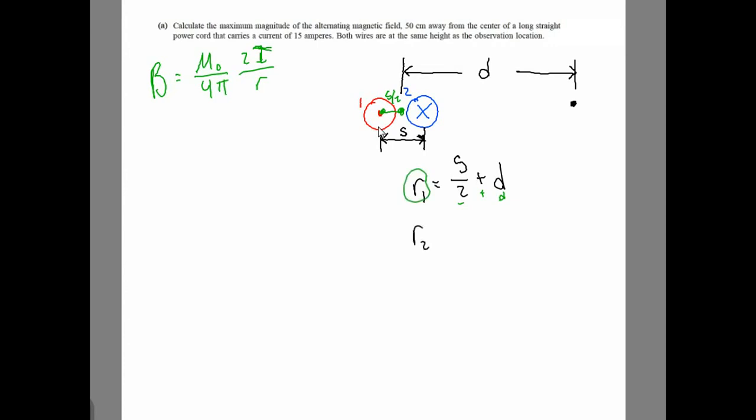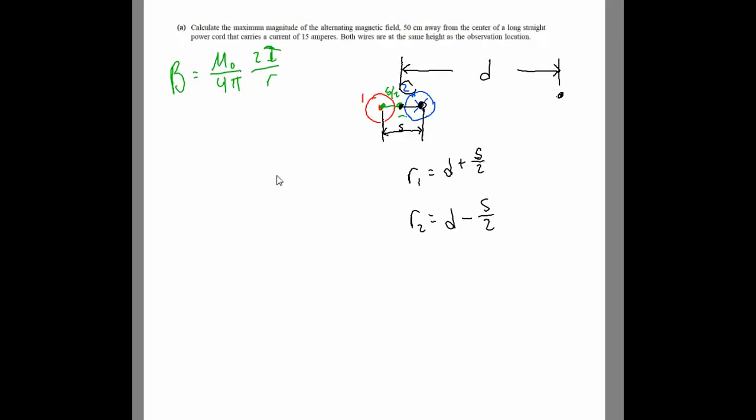And R2 equals D minus S divided by 2, because from here to here is also S divided by 2. We want R2 to represent the distance from the middle of wire 2 to the observation location.